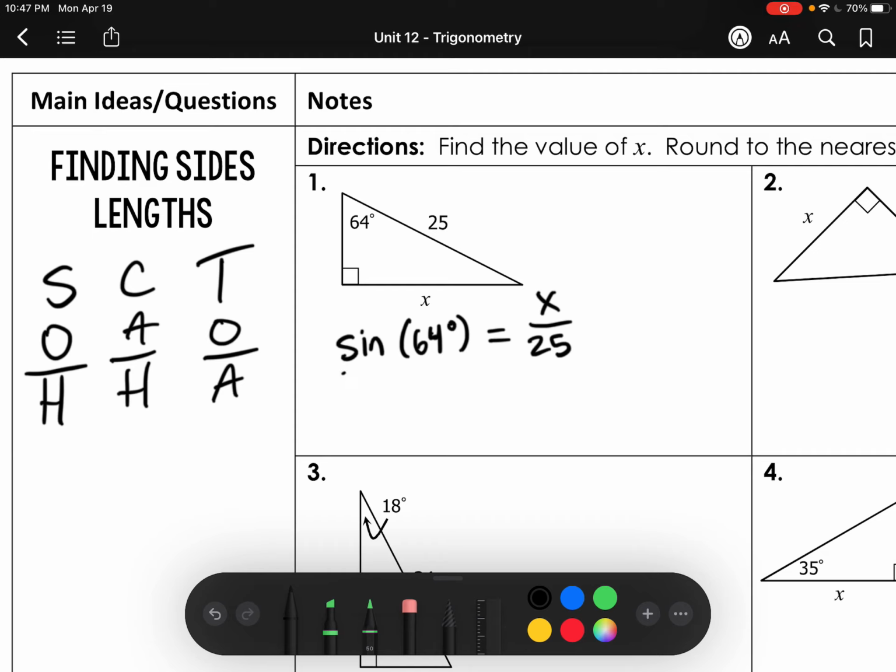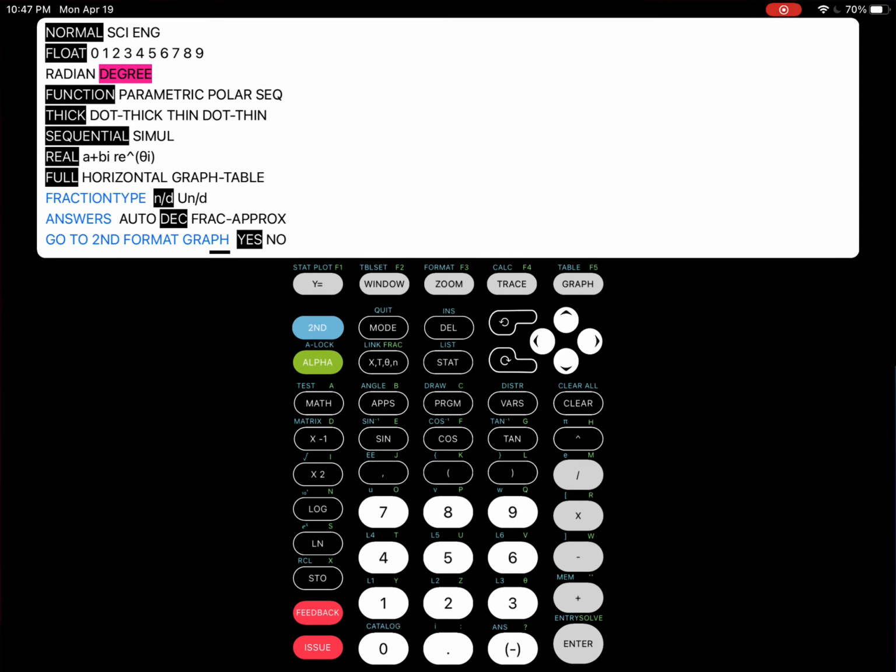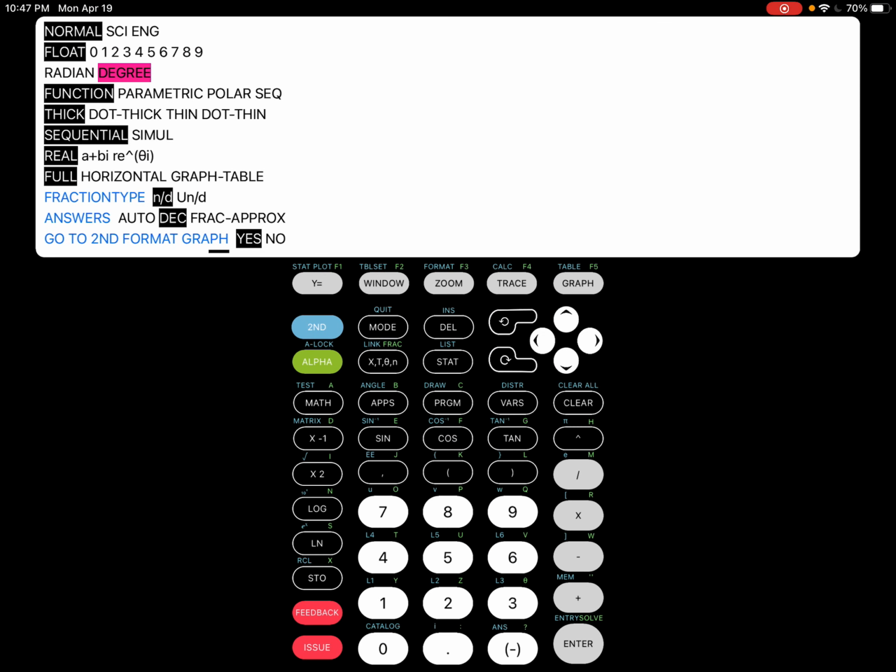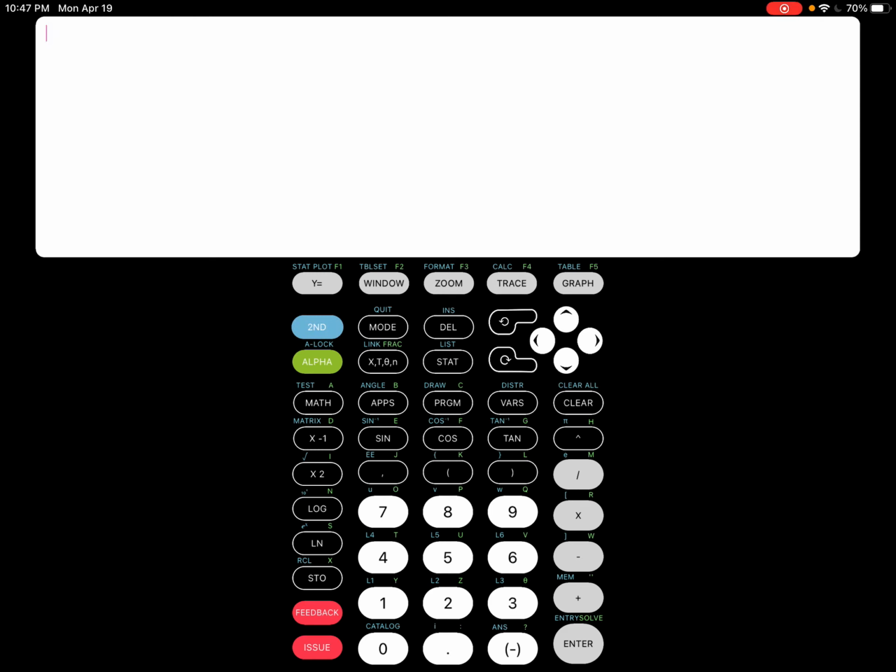The first thing that we're going to do is go to our graphing calculator and figure out what sine of 64 degrees is. Go back to the normal menu. Look at the 7 button, and 2 buttons above that is sine, to the right of that is cosine, and to the right of that is tangent. We're going to use sine of 64 degrees, and when you click enter, you should get 0.8987.